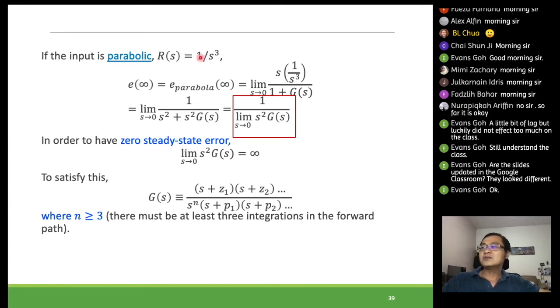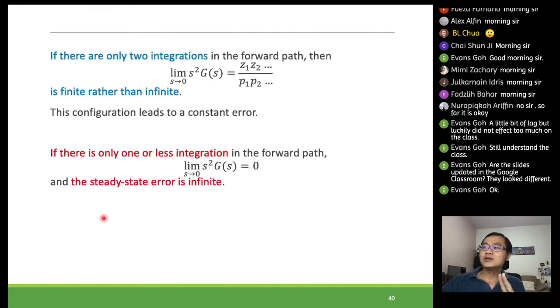We just change the input into 1 over s cubed, then these terms become s squared, and because of this our forward path must have at least 3 integrators in order to get zero steady state error. If it is less than 3, only 2, then you will get a finite error.